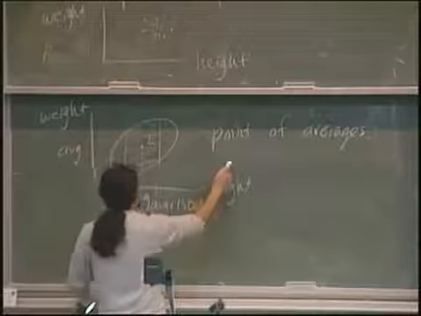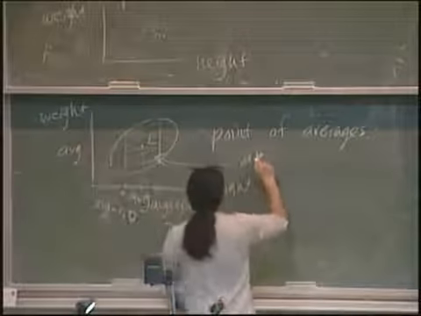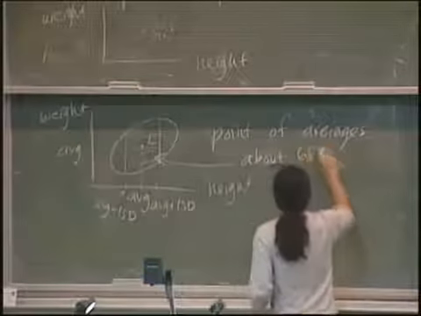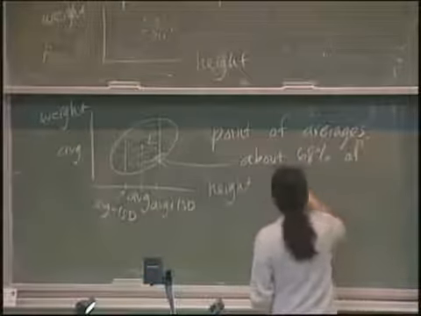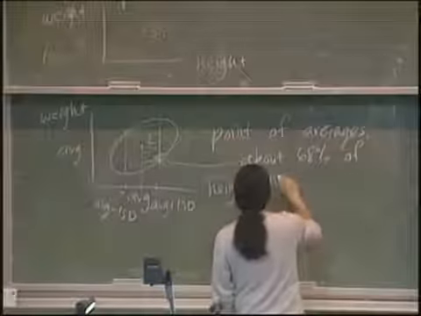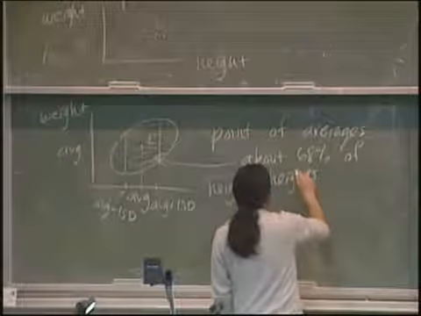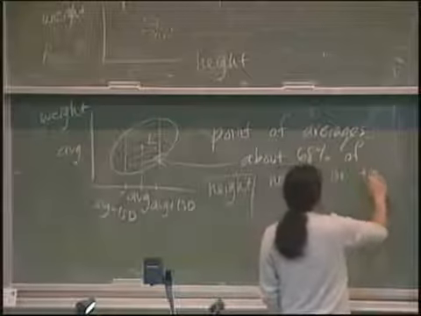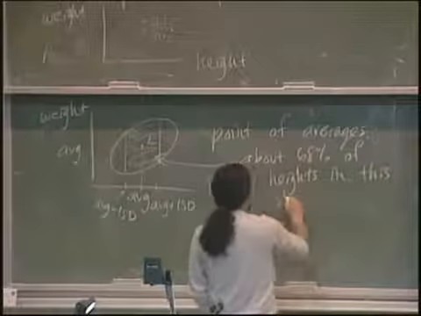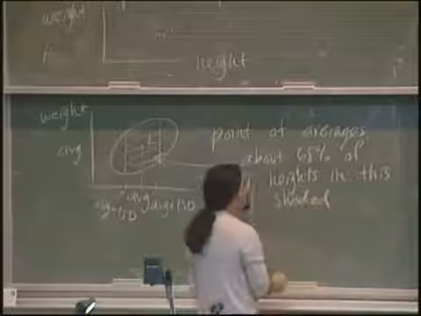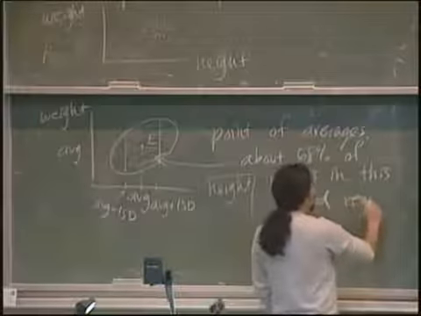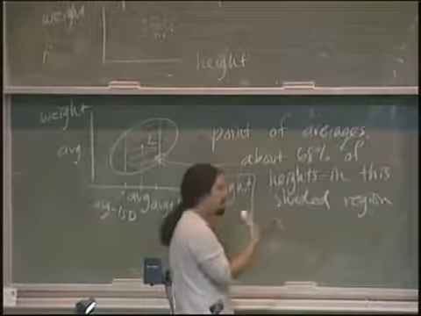Okay, so about 68% of the heights should be in this shaded region. And this is assuming that things are roughly normal.